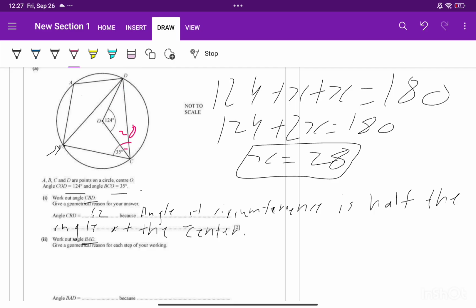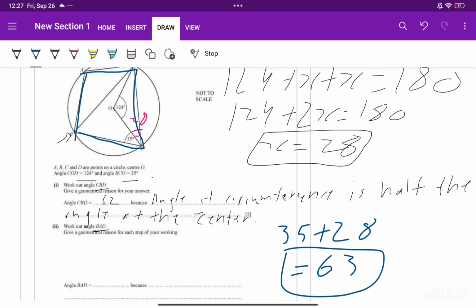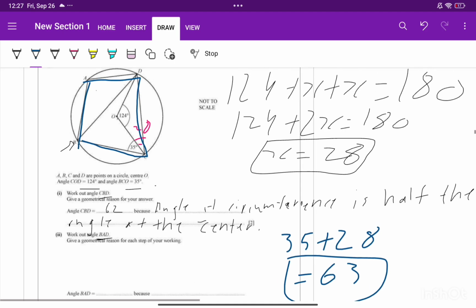Okay, and this angle ADCB is becoming a quadrilateral shape. So 35 plus 28 is 63. So we know in a quadrilateral opposite angles add up to 180.